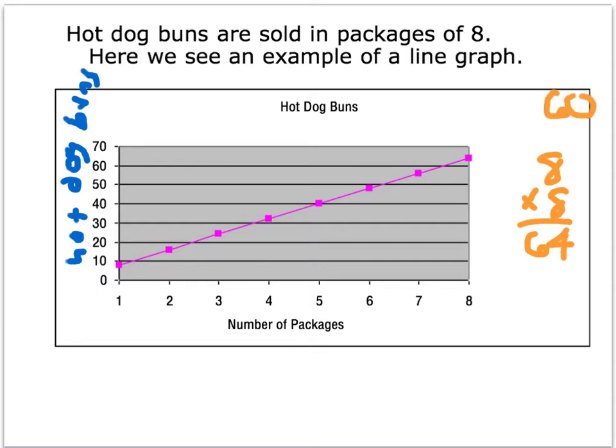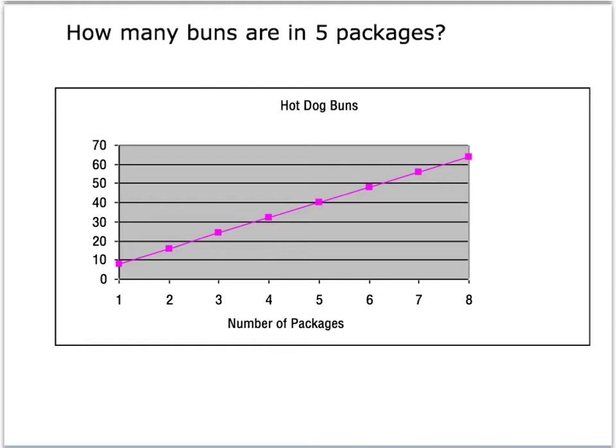Let's take a look at a few examples of questions that might be asked from this graph. Here's a question. It says, how many buns are in 5 packages? So go ahead and figure out how many buns are in 5 packages.